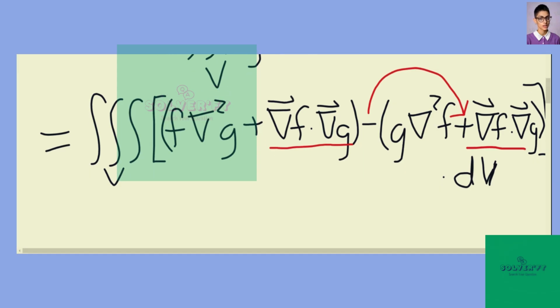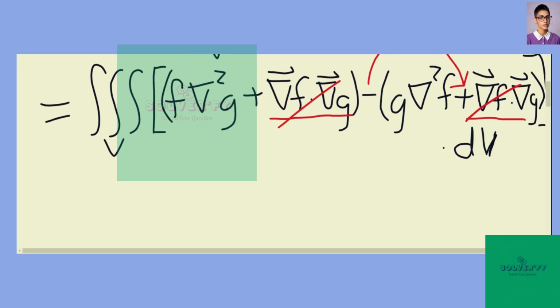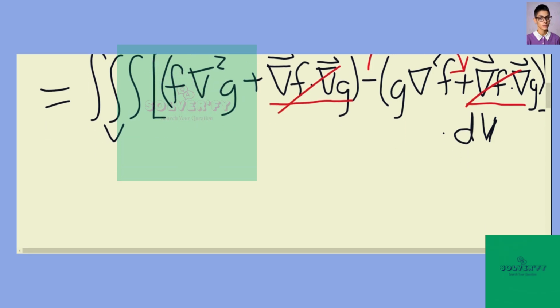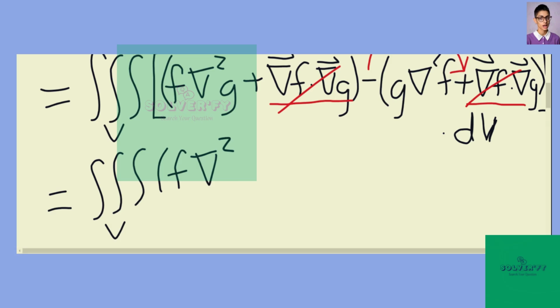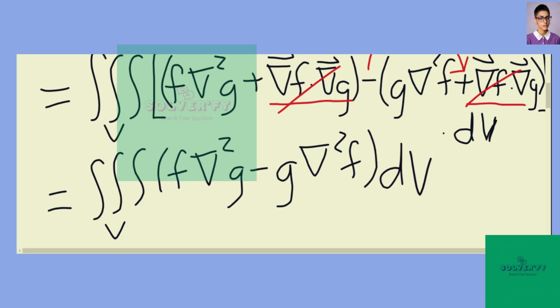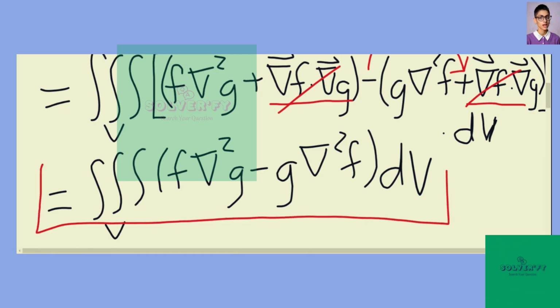So those two actually cancel with each other, and we're left with the volume integral of f Laplacian of g minus g Laplacian of f, or the equation that we were trying to prove.